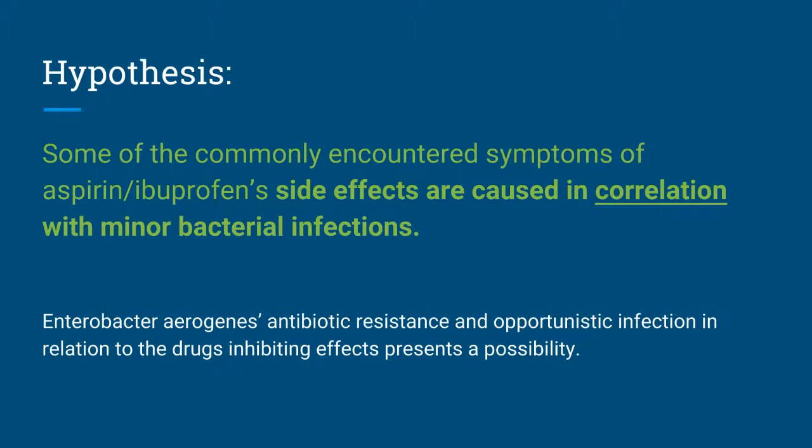Based on Enterobacter aerogenes's antibiotic resistance and opportunistic infection, because aspirin and ibuprofen inhibit a part of our immune system, bringing down our inflammatory parts, the Enterobacter aerogenes begin their attack.